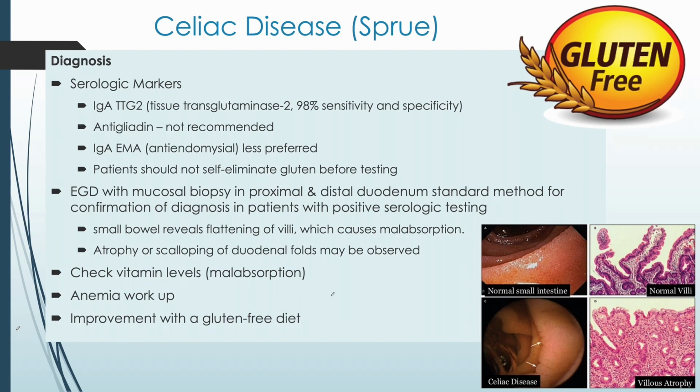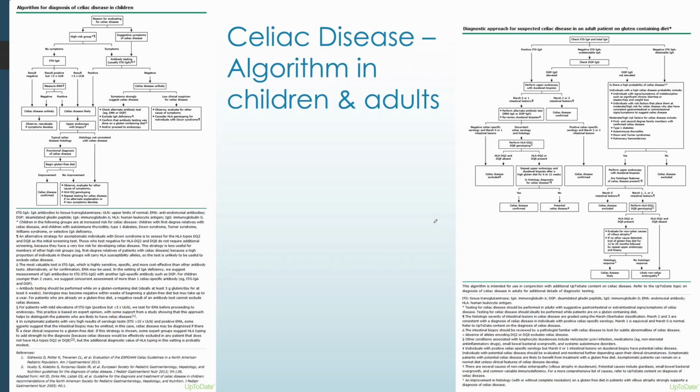At the same time, because you're expecting this malabsorption process, you'll want to check vitamin levels. You'll also do an anemia workup, and you'll see that these problems, including the endoscopy findings if you have to repeat it, which is not always necessary, should improve with a gluten-free diet. Now, there are some algorithms, one for children and one for adults, on the diagnostic approach.